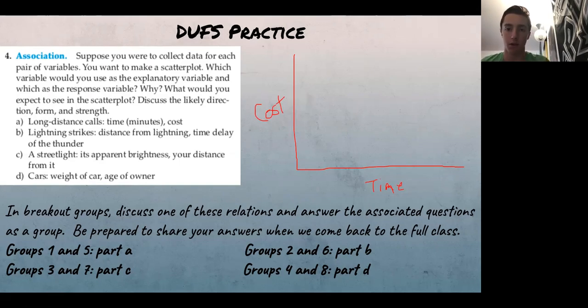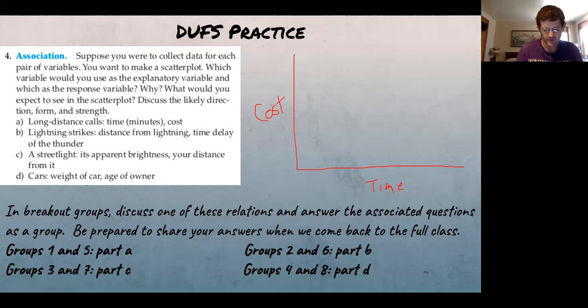And then we said it would be positive direction, some outliers depending on the carrier, linear or exponential again depending on the carrier, and then probably a moderately strong strength. Okay, so something like that. I know those red dots don't show up very strong.